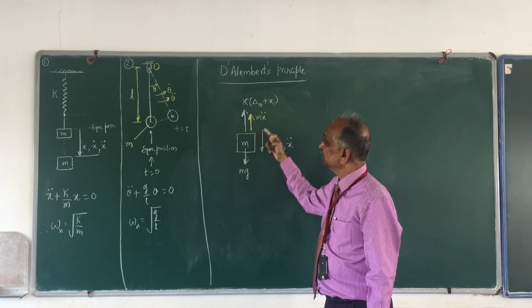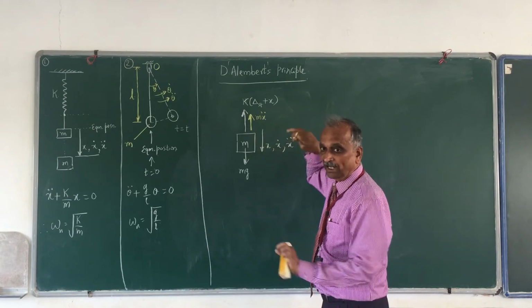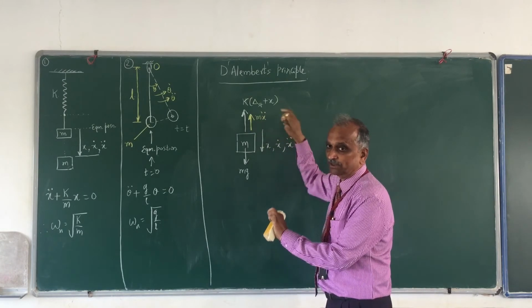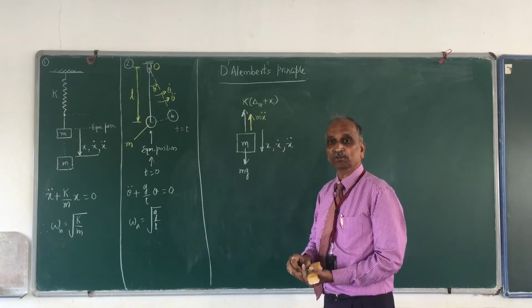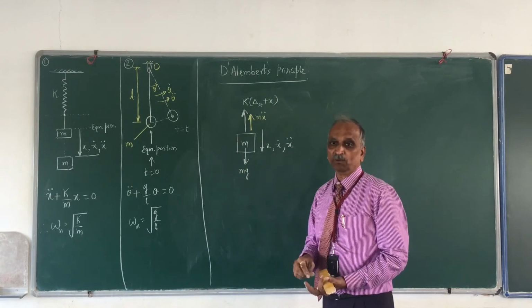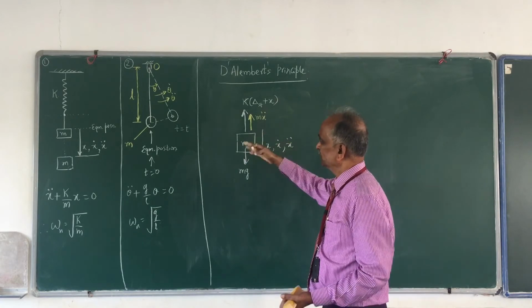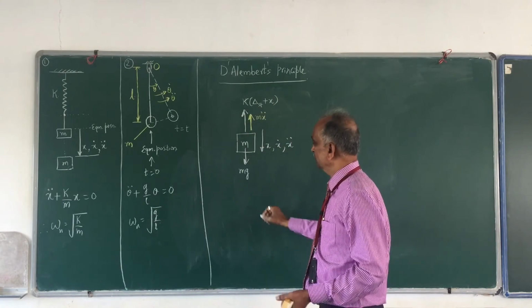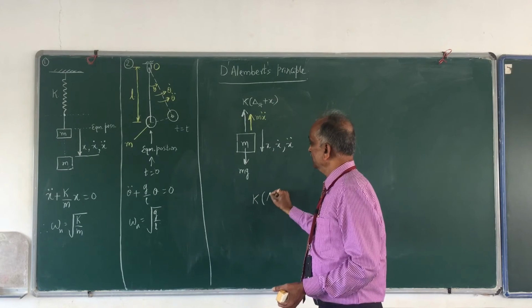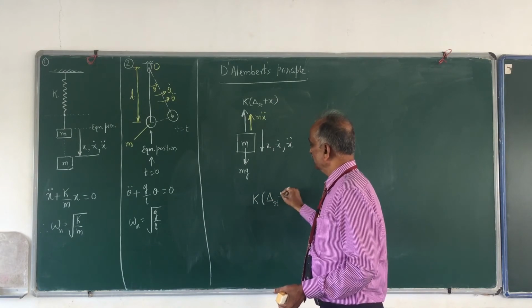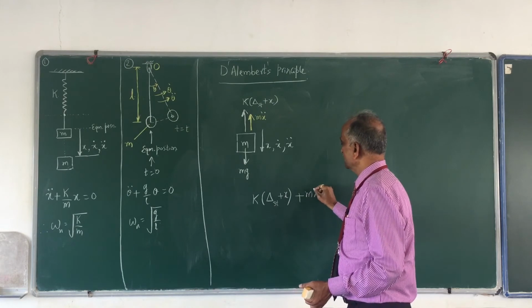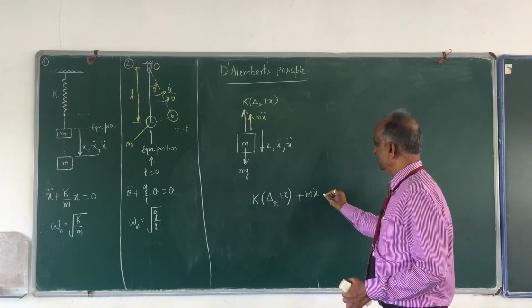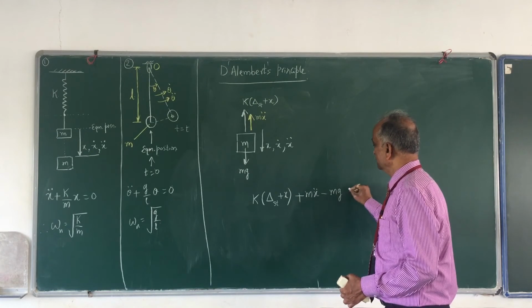Please remember, this force was not there. I have imagined it. Under the action of this inertia force, it now comes to rest. I can apply equilibrium conditions: sum of all the forces equal to 0. That is nothing but K into delta st plus x plus M into x double dot minus mg is equal to 0.